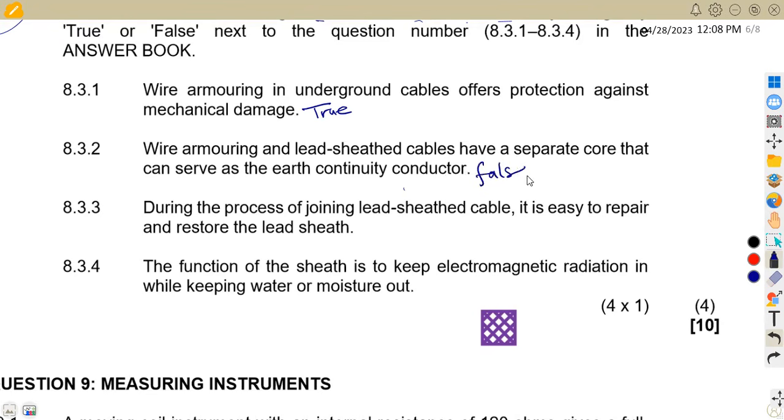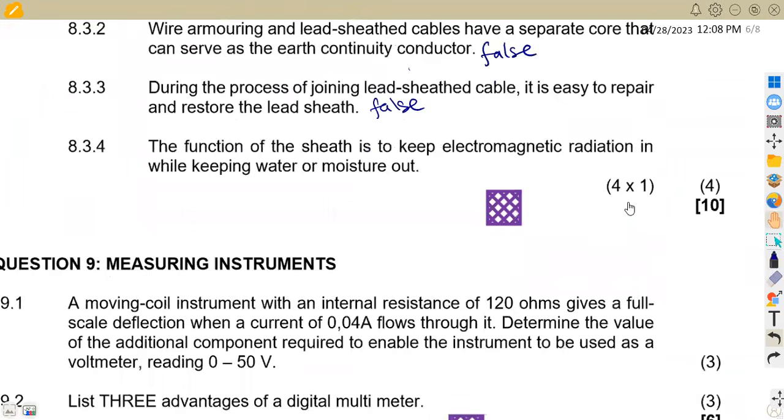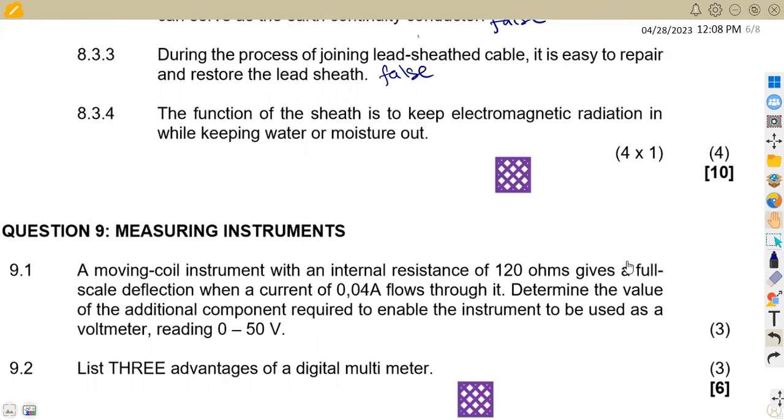This is false. Next: during the process of joining lead sheathed cable, it is easy to repair and restore the sheath. This is difficult for us to do, so it's false. The function of the sheath is to keep electromagnetic radiation in while keeping water and moisture out.